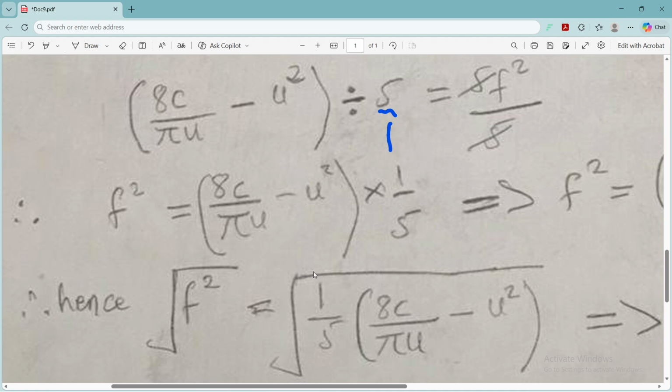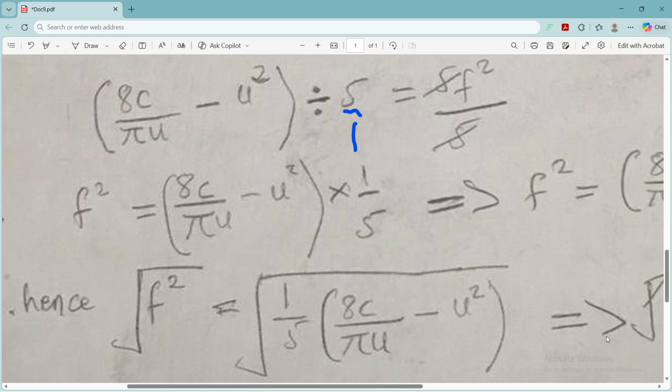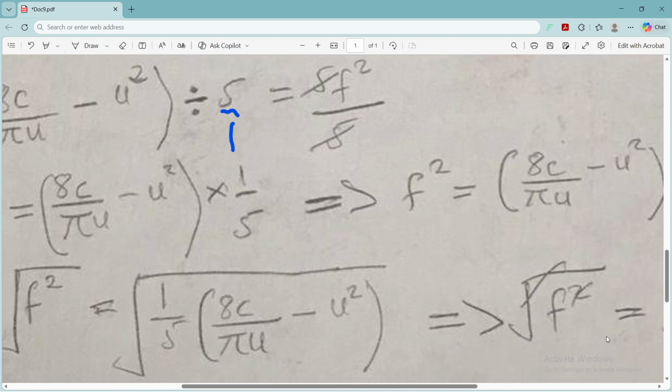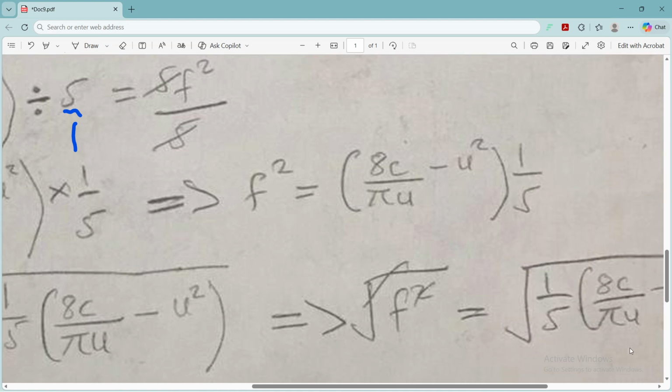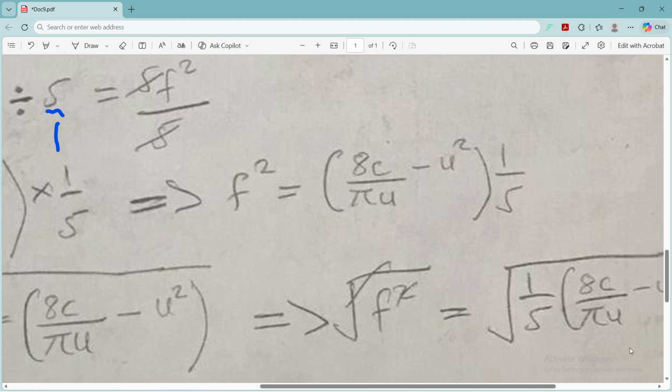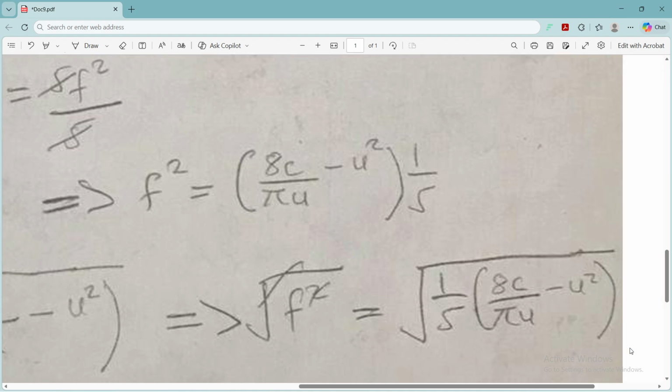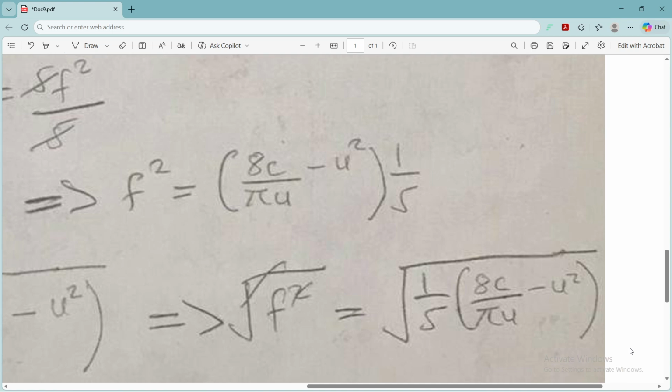So in simplifying further, the square root would cancel itself out, and the square would also cancel itself out, leaving f to be the subject of the relation. So hence f is equal to the square root of the fraction 1 over 5 multiplying, in brackets, 8c divided by pi u minus u square as our final answer, right?